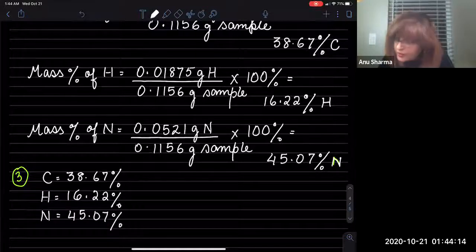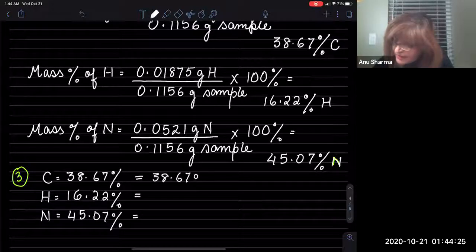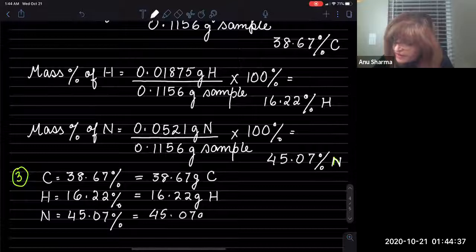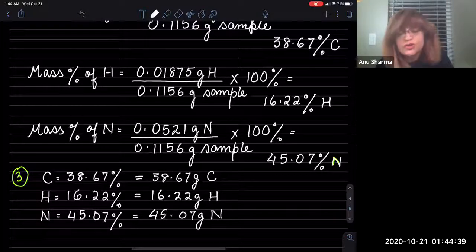So if the whole sample is 100, this means that 38.67 grams of carbon is present, 16.22 grams of hydrogen is present, and 45.07 grams of nitrogen is present.